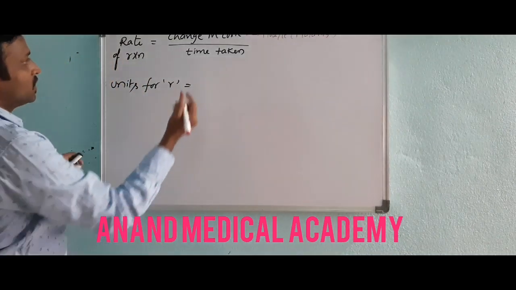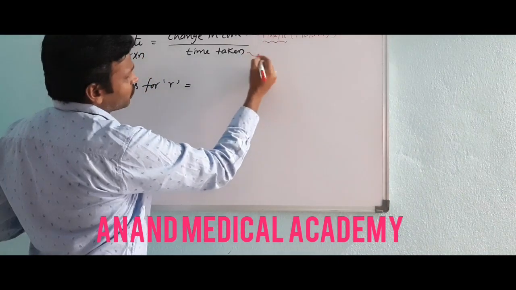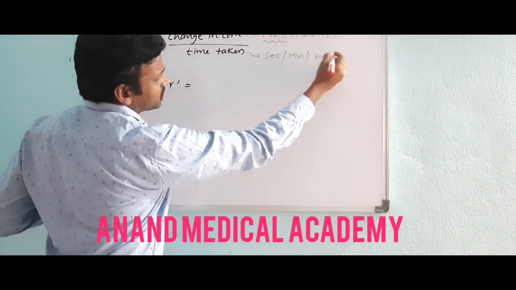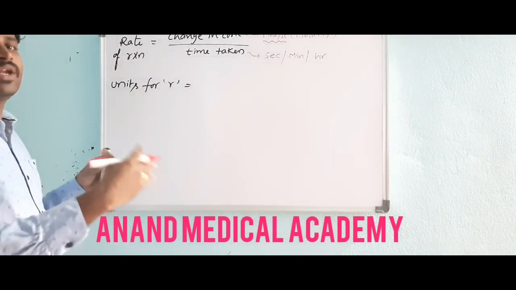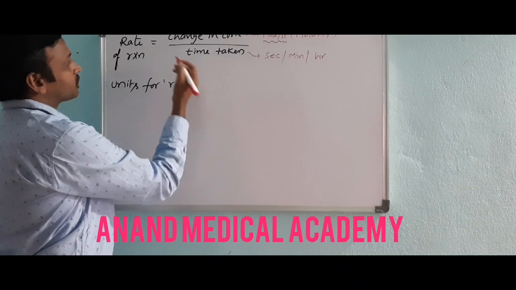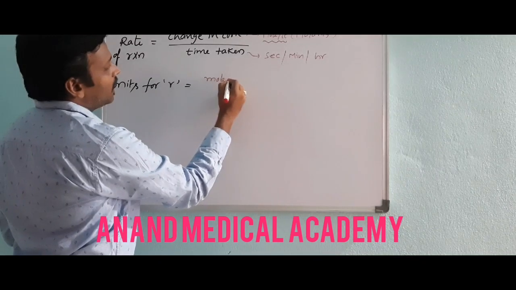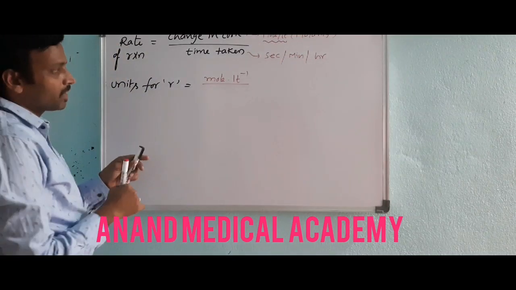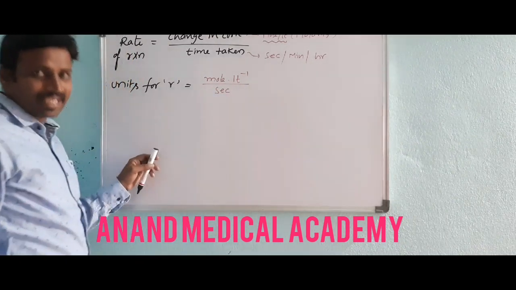But here, change in concentration means you have to use units of mole per liter, and for time you can use seconds, or minutes, or hours, days, years, depending on the speed of reaction, as I told you. So for a particular reaction, the change in concentration you can write as mole per liter, mole liter inverse, and the time taken you can write as seconds.